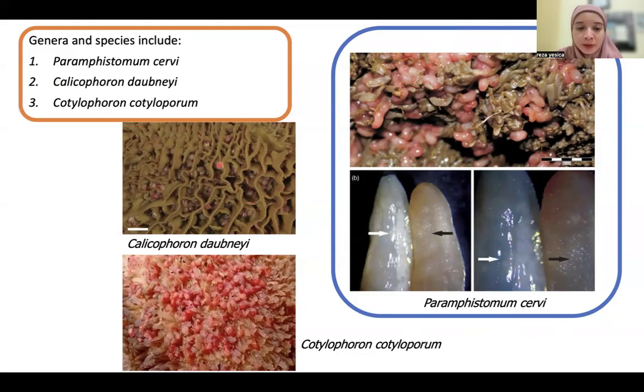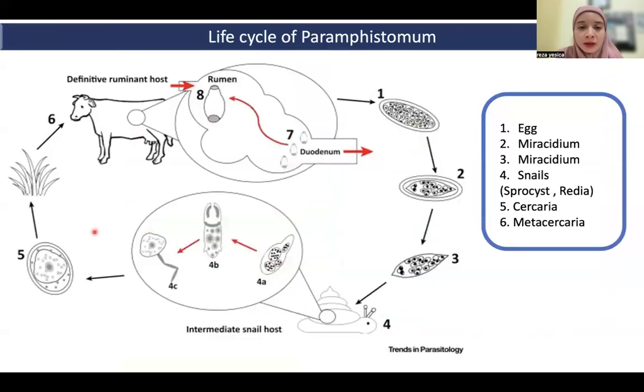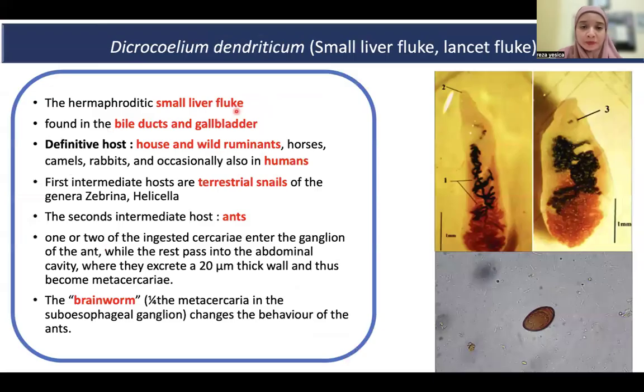Also this is Calicophoron daubneyi in the reticulum, and this one is Cotylophoron in the rumen. The life cycle is the same as Fasciola. However, the type of snail is different. They are not Lymnaea. After the cattle eat grass containing metacercaria, they will grow in the duodenum and attach in the rumen after they become adult worms.